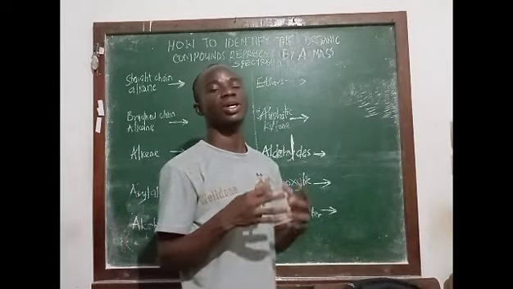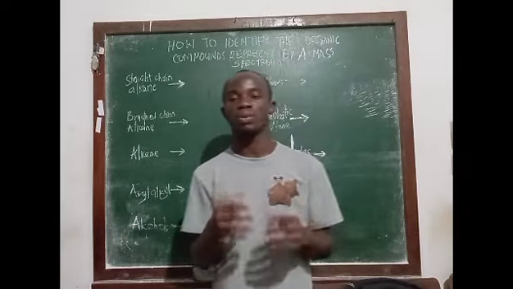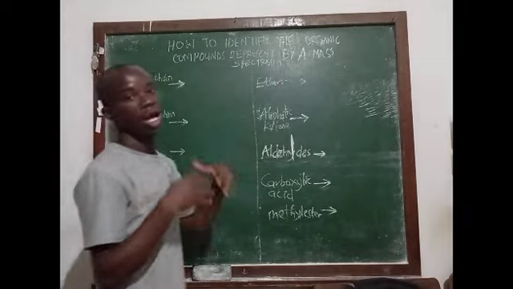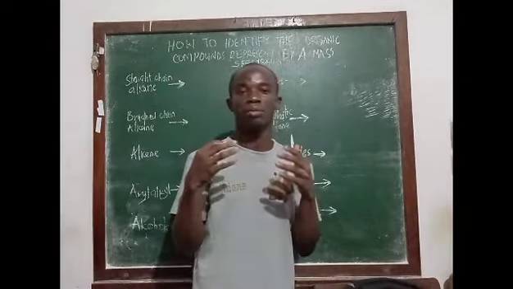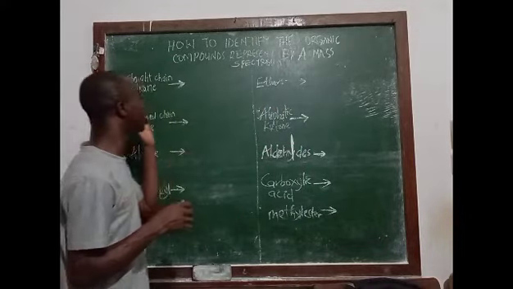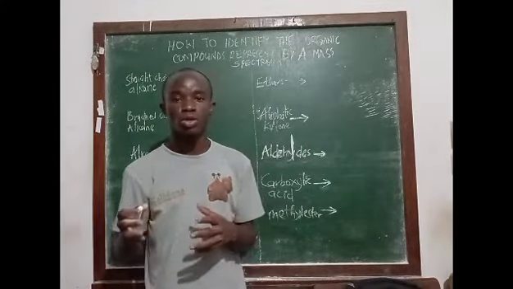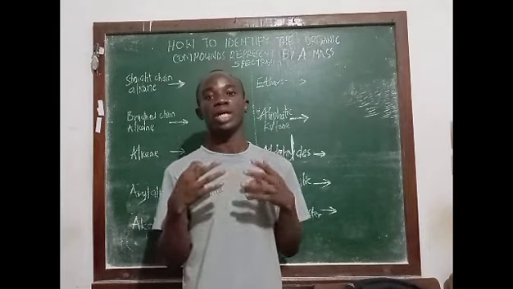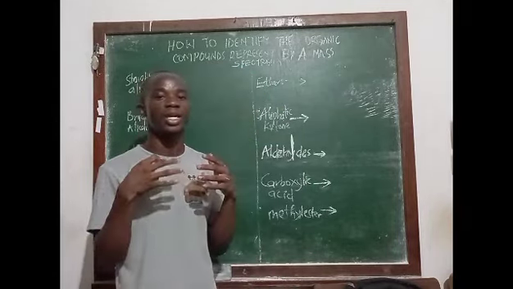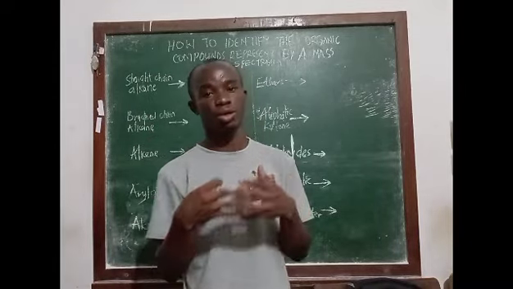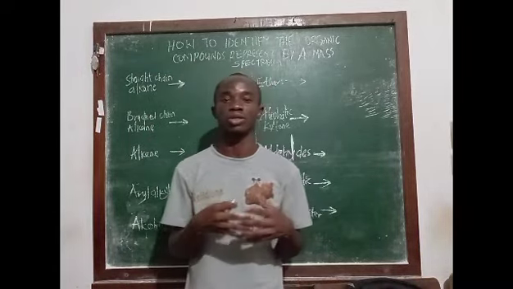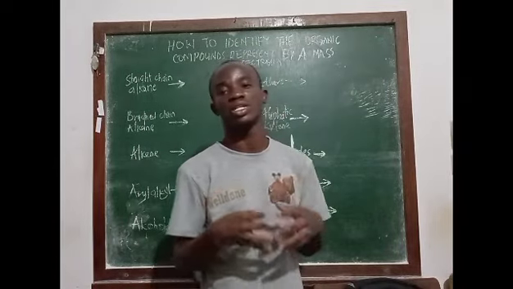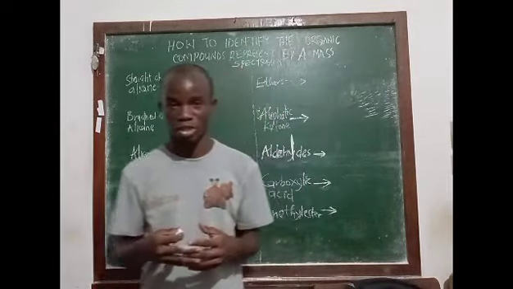As we know, we have different classes of organic compounds, but for this video, I'm going to be talking about this set of organic compounds and how to recognize a mass spectrum that identifies each of them. At the end, I'm also going to talk about the mass spectrum that usually represents a nitrogen containing compound, and how to identify a mass spectrum of a compound that contains an aromatic ring system.